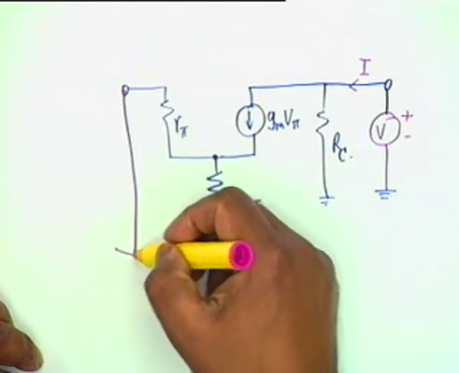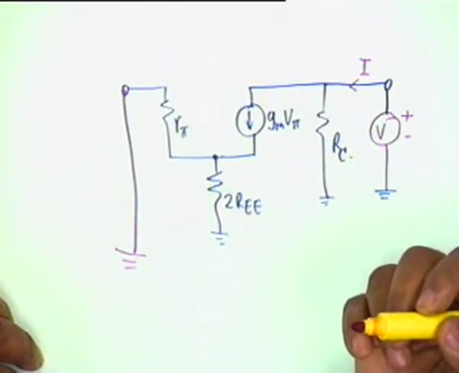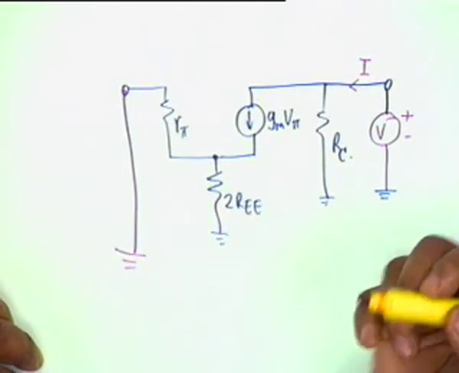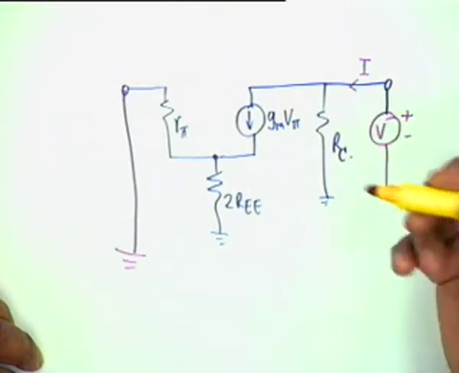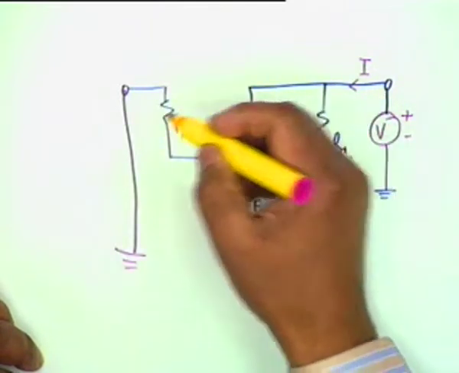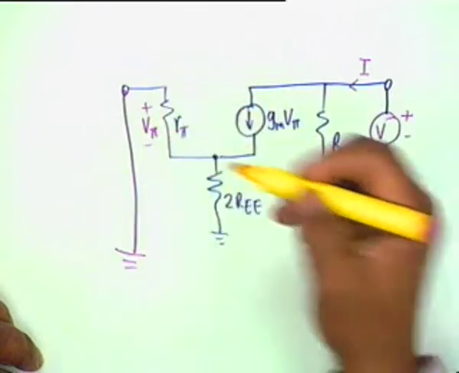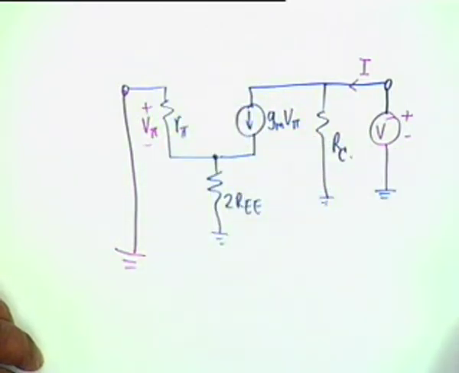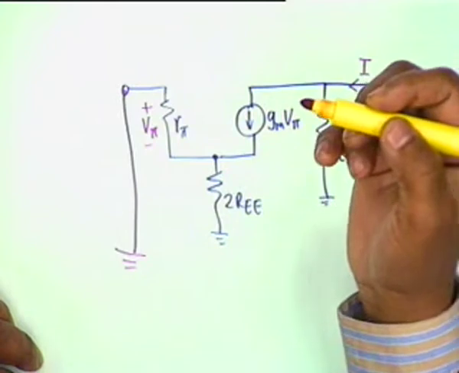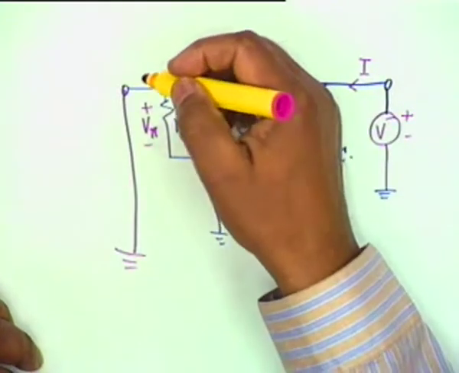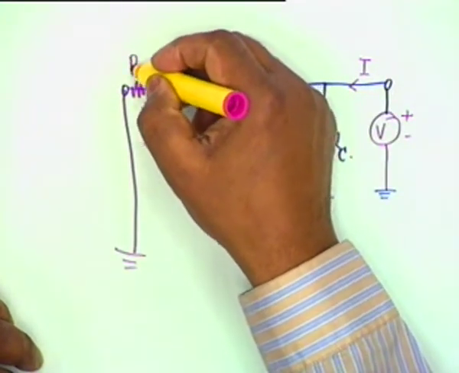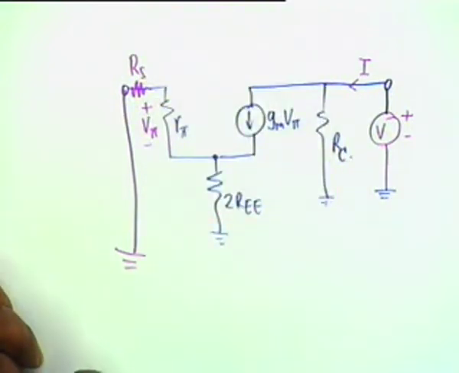That means this comes to ground, okay. That's it. If I find V by I, then I'll know what now this is V pi. I will know, oh, there was something else, RS. That's right, I forgot about that. RS has to be brought in.